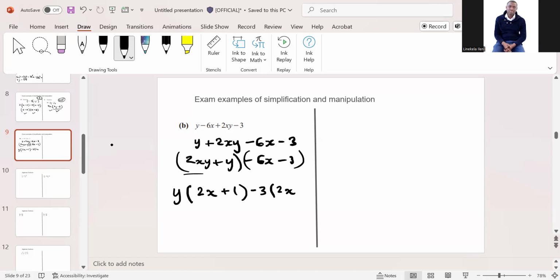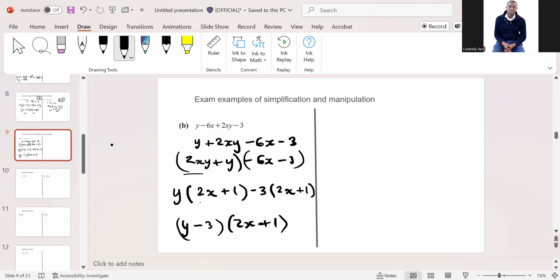You see now why I said I want to arrange them in that way. And then you have this into that, it will give me positive 1. Then I group the common with the uncommon, so that would be y, negative 3, and then 2x plus 1.